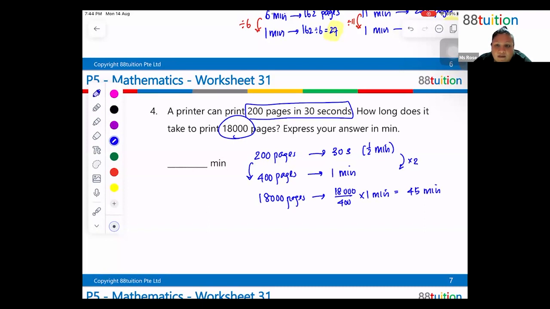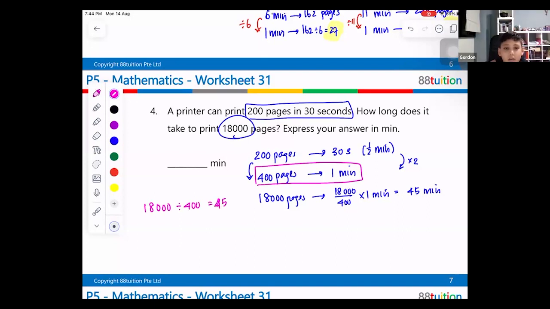How did you get this wrong? I'm not sure how you get this wrong. Or alternatively, you remember Gordon just now mentioned the 1-step answer. Because I already have this, I just need to take 18,000 divided by 400 to also give me 45 minutes. Alternatively, you can do that.